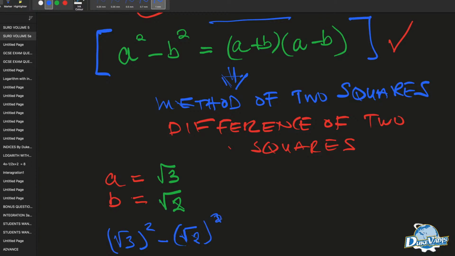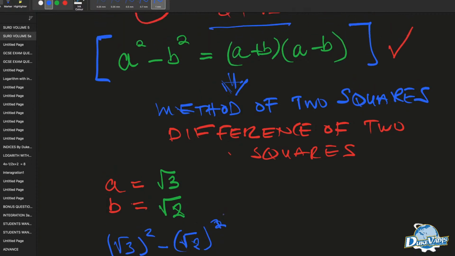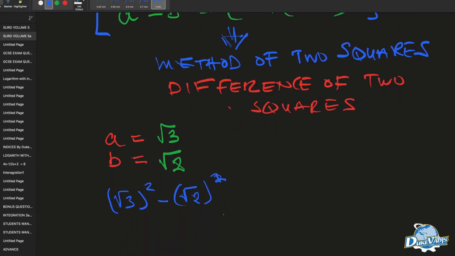When we see something like this, what comes into our mind is to implement our equation, which is difference of two squares. Now let's look at it.